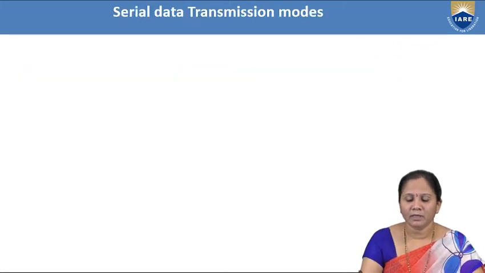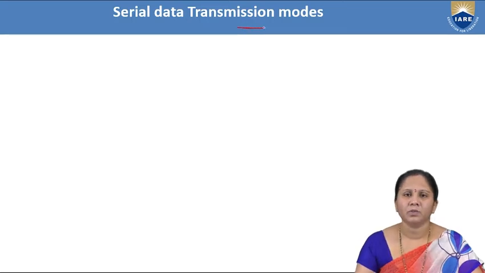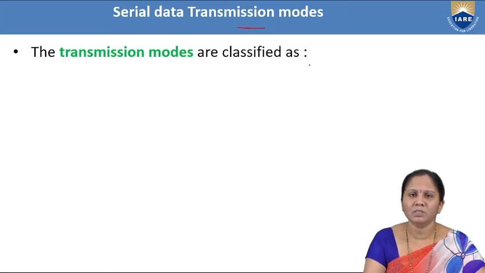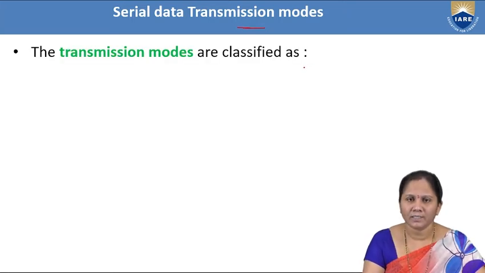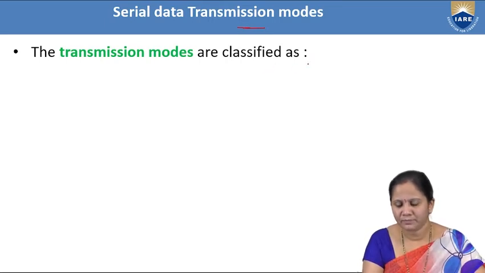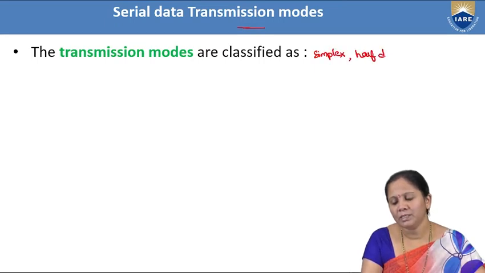And here, serial data transmission modes. We have different types of serial data transmission modes. They are classified as simplex, half duplex, and full duplex.